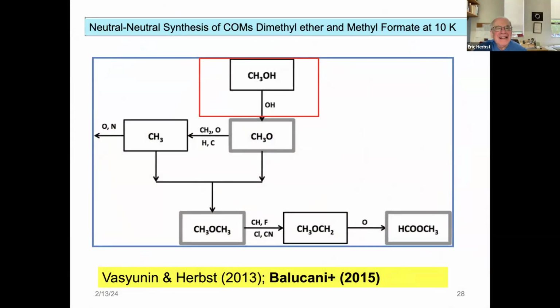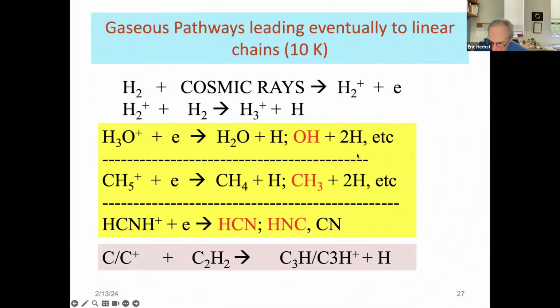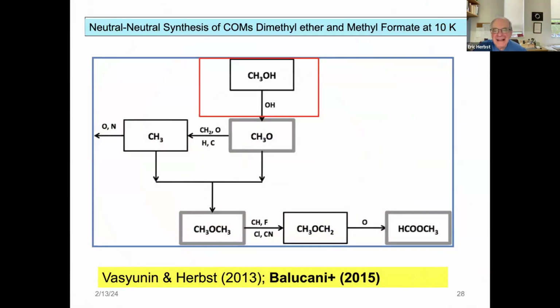All right, well, here's a complicated example of... Okay, this is what I would call a neutral system. There are no ions in it. This is in the gas phase, and it's a complicated series of reactions that leads to a bigger molecule called methylformate, which is here.